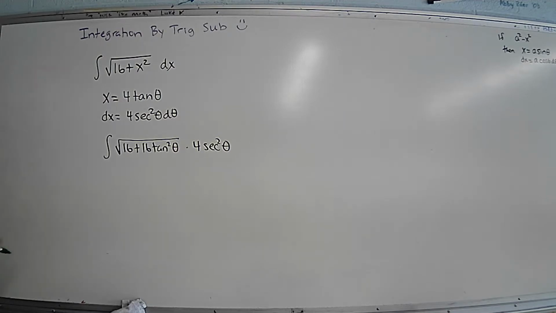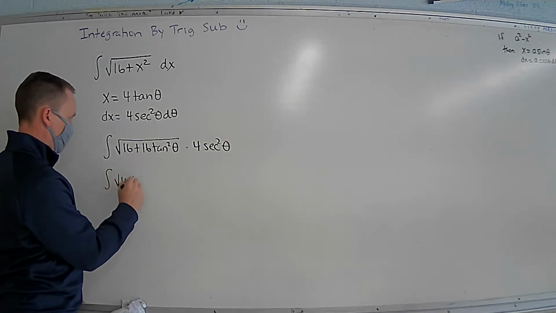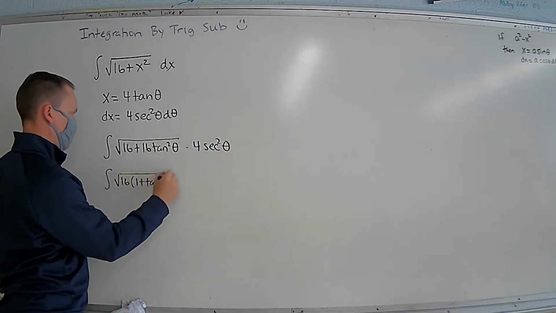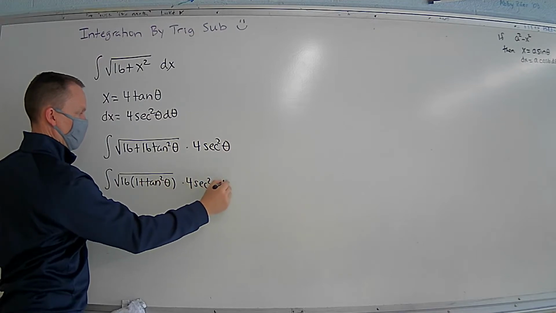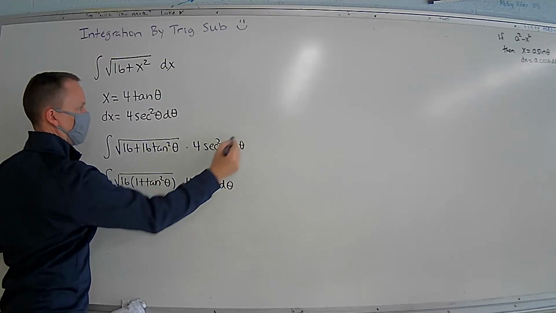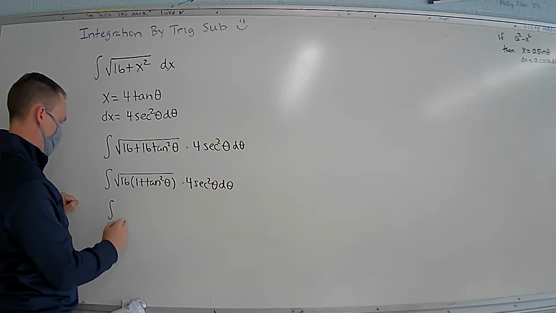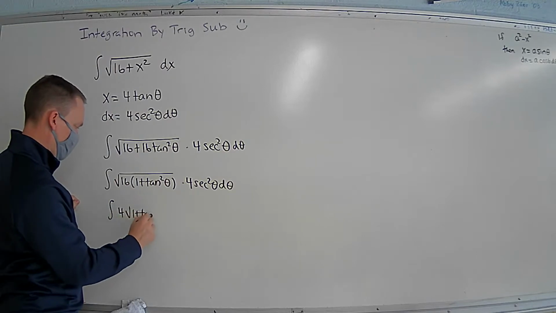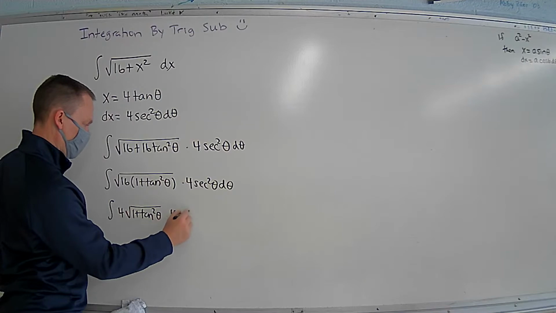Now, if I factor out that 16, look at that. Forgot d theta here. And now this ends up being 4 times the square root of 1 plus tangent squared, times 4 secant squared.